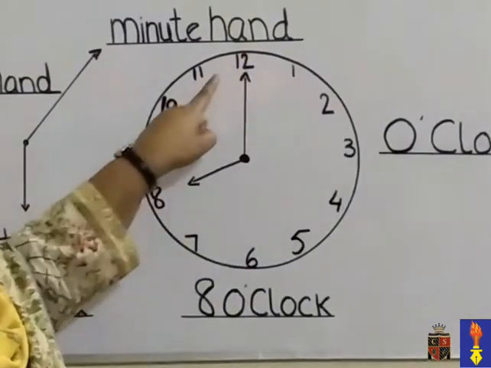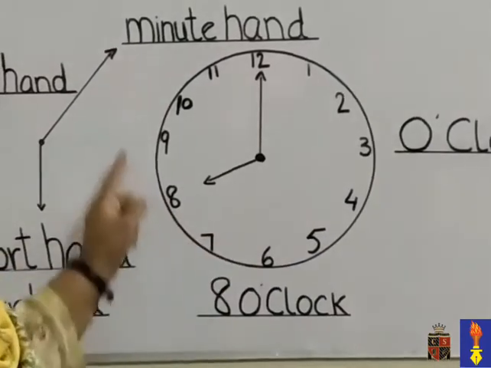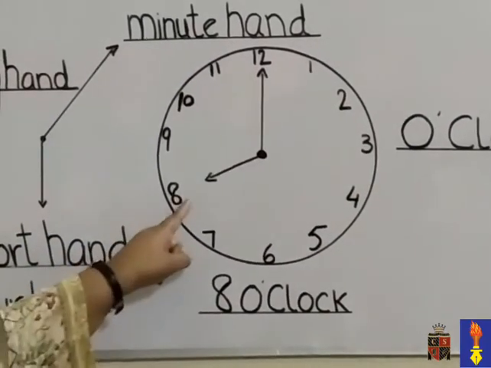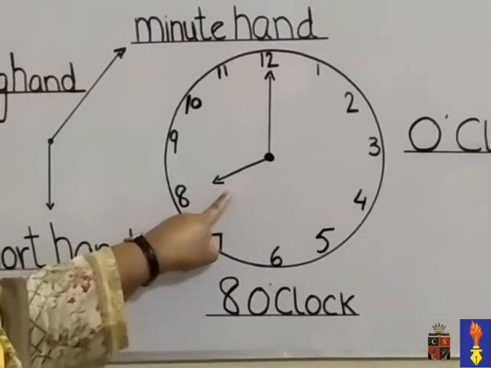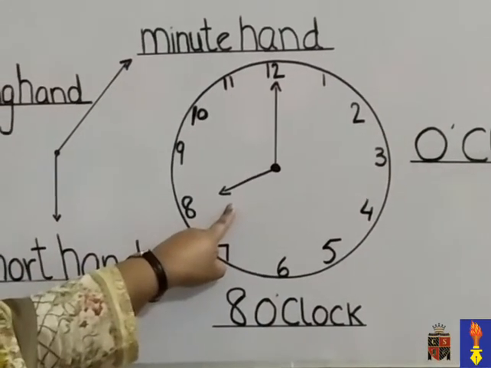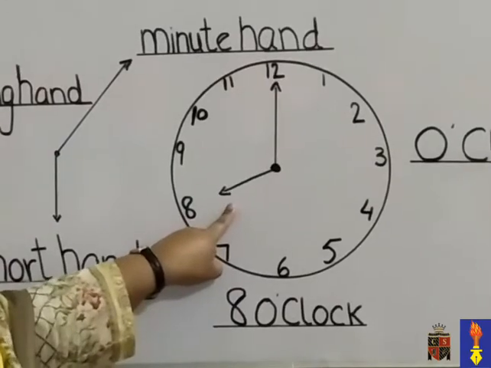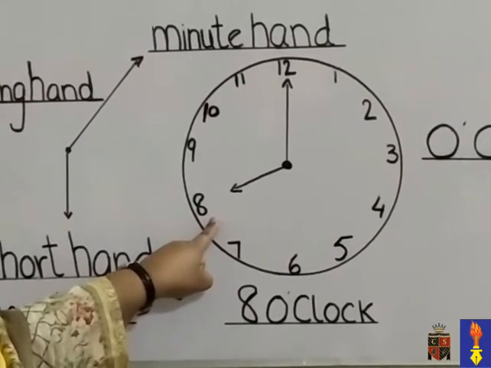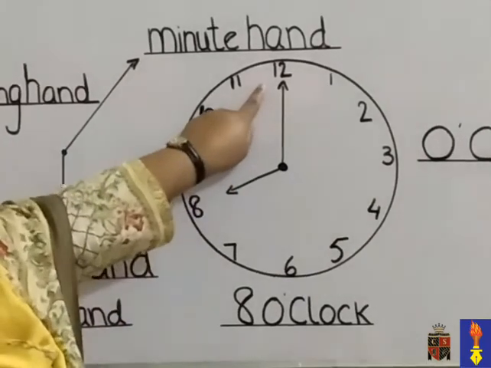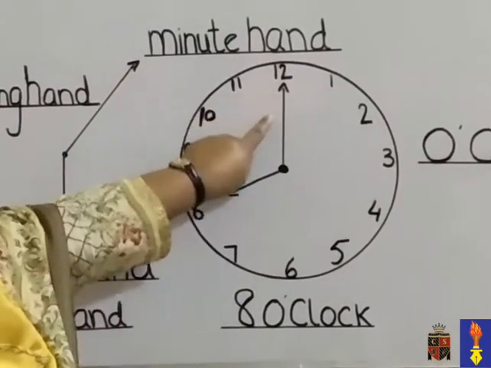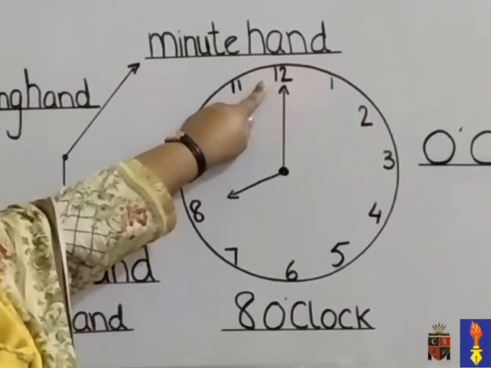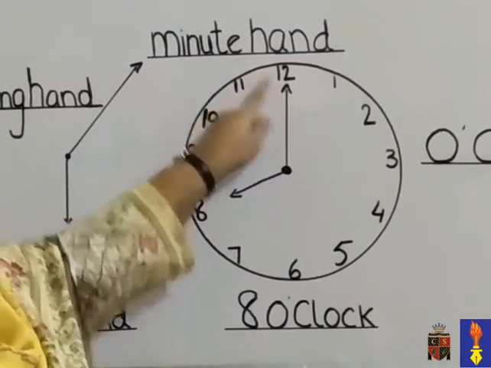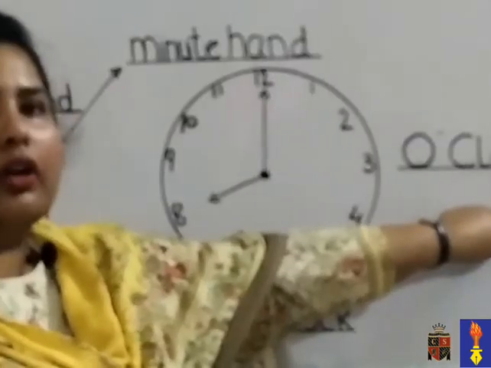In the clock you can see numbers from 1 to 12, that shows the time of the whole day. Here you can see the short hand, the hour hand, is on number 8. And the long hand or minute hand is on 12. 12 shows o'clock.